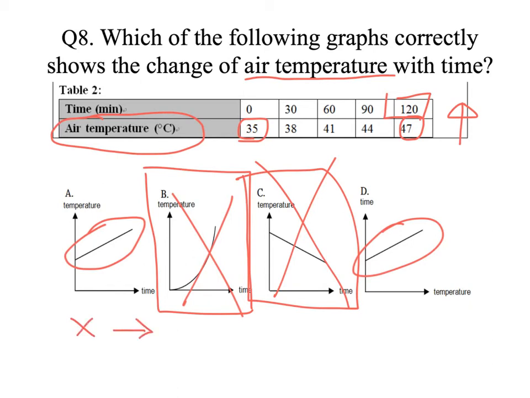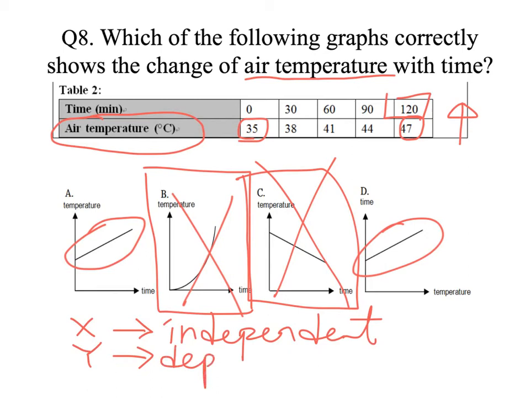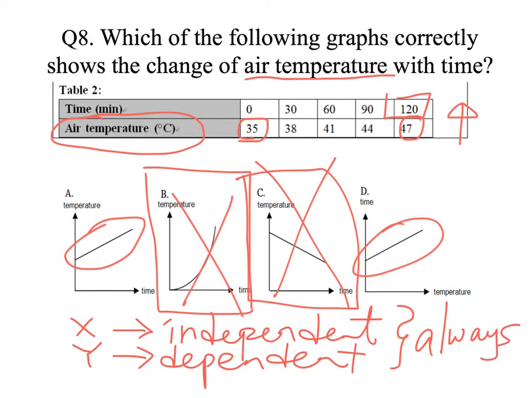On the x-axis, we always put the independent variable, while the y-axis will always be the dependent variable. So this is the norm, it is always like this.